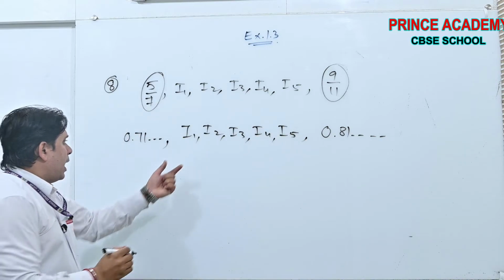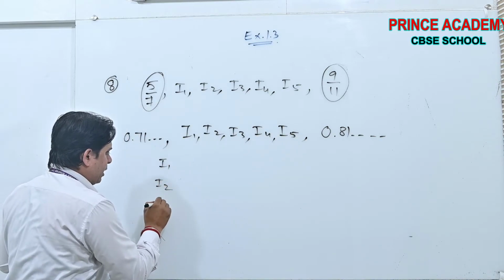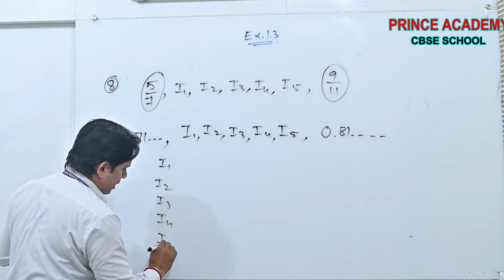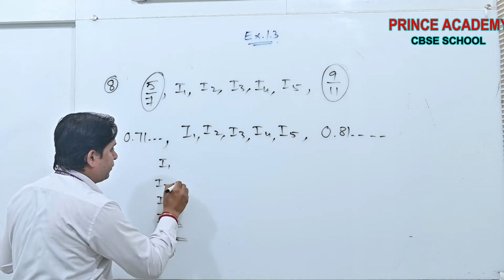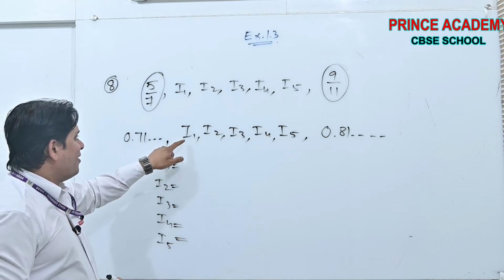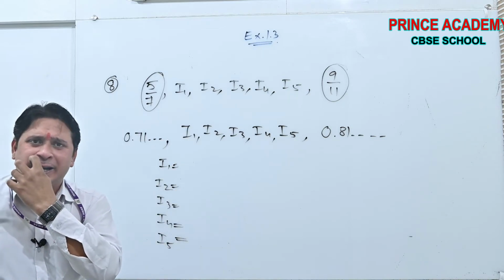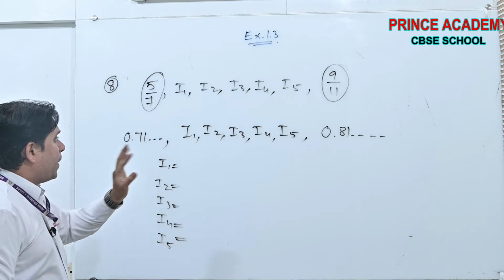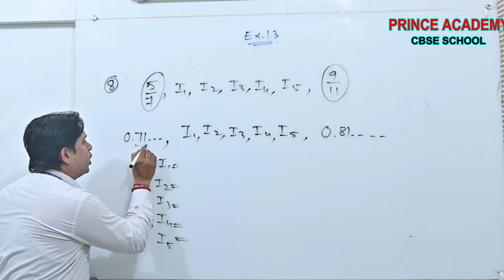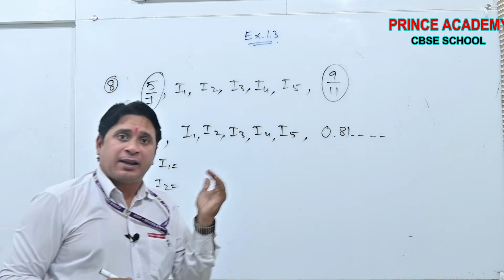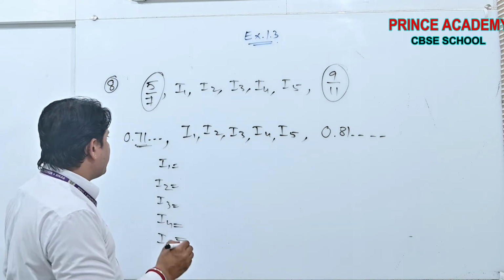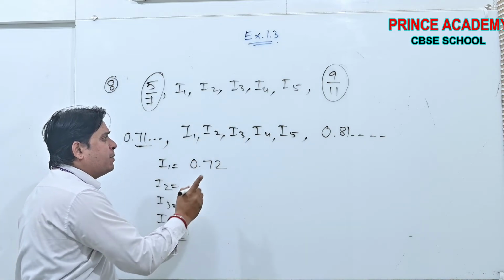See, I1, I2, I3, I4, I5. Whatever number you want to take, it's your choice, but the number should be greater than 0.71. If I am writing here 0.72, what does it mean?